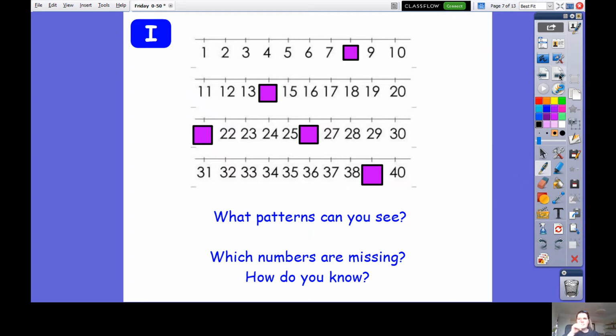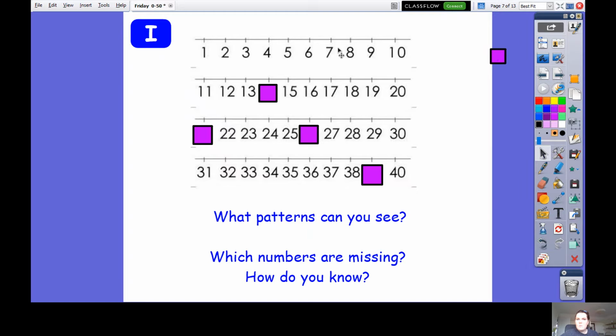I'm going to look at the clues around the numbers to help me solve the missing number. Now I'm going to start with this one up here. So it goes 7, 9. Okay. Well, I know that after 7 comes 8, and 1 less than 9 is 8. So I think it's 8.